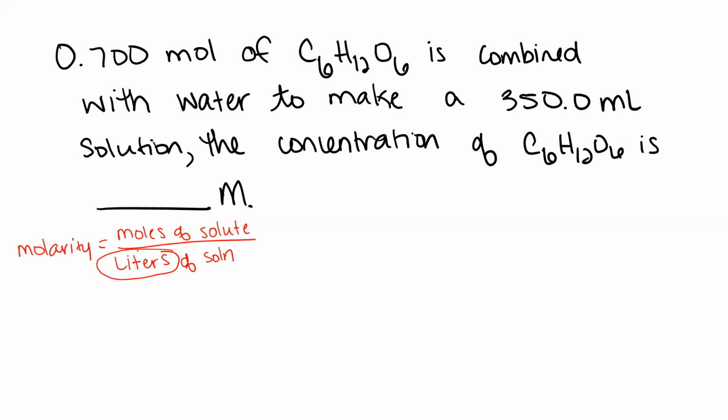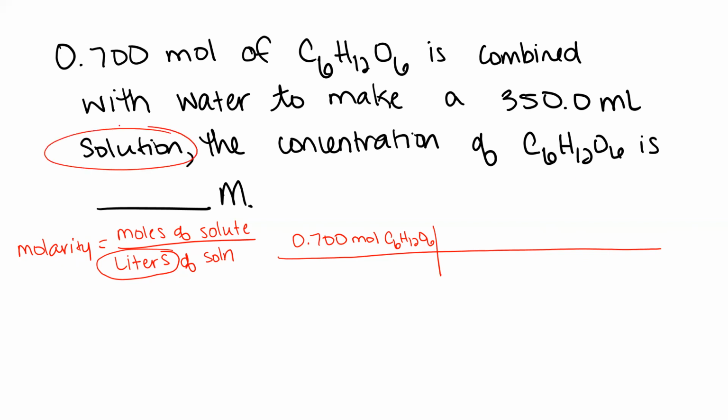Thankfully here, we are already in moles. We are given the number of moles of glucose. So we can start with our 0.700 mole of C6H12O6. Now we're going to draw our brackets here. And we know that we have 350 milliliters of solution.